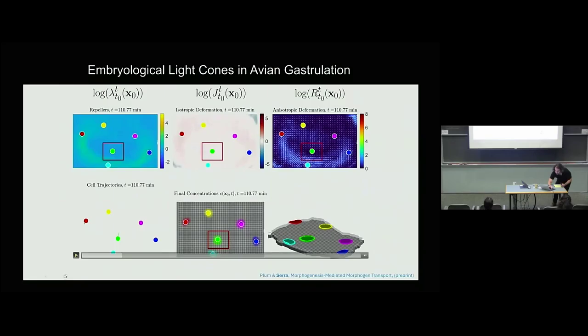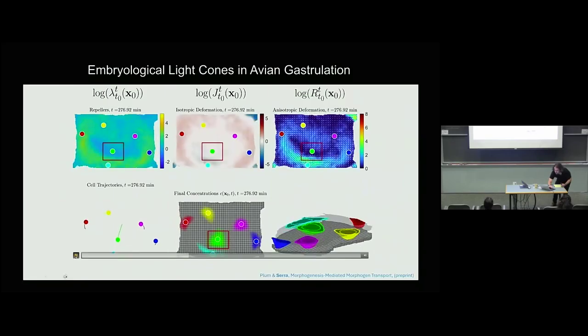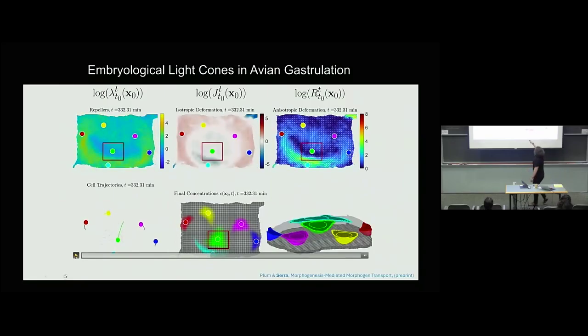Now this diffusing signal is hitting a region where anisotropic deformation matters, and it also tells you that this propagation is going to be enhanced in this direction from this vector field. And this is what the light cone is inheriting from that property.